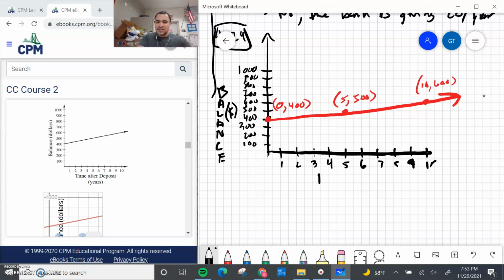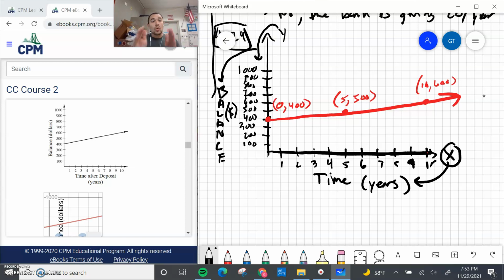The bottom here is time in years, and know that this bottom is our x. And this y is here on this top level. So that means our y is our balance and our x is our time.